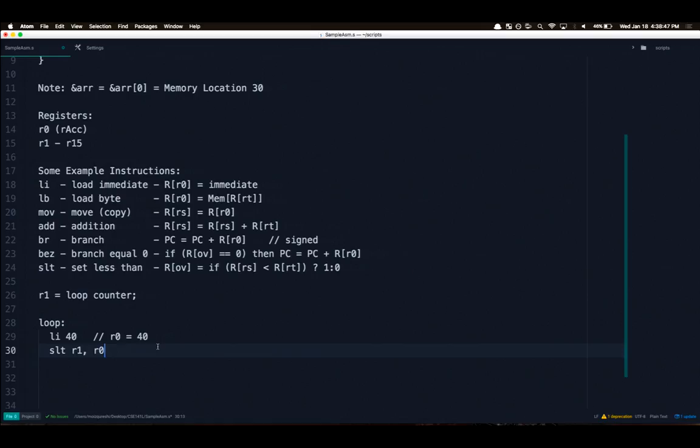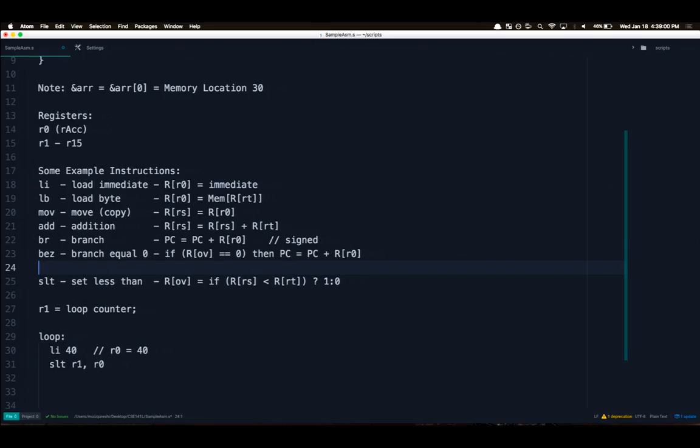So the condition that I'm looking for to branch is if R overflow is equal to 0, meaning that it's not less than. So I can make use of BNEZ, branch not equal to 0. It's going to be the same as this.